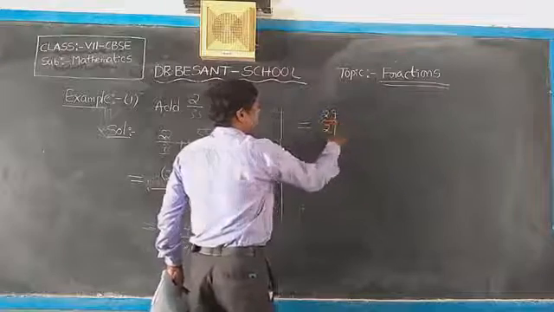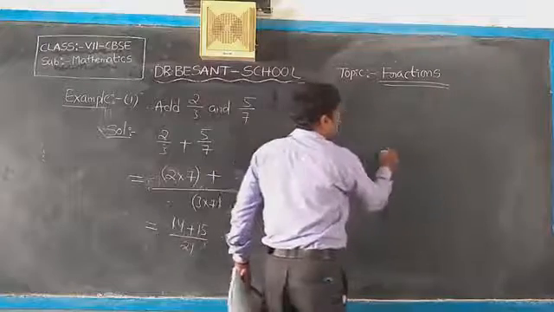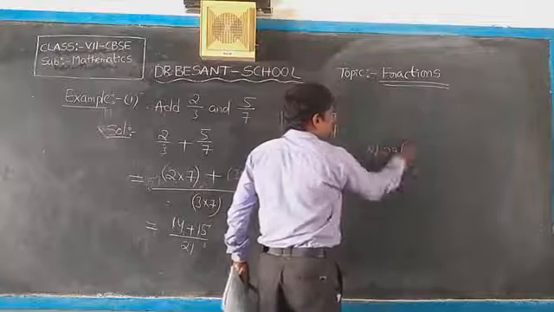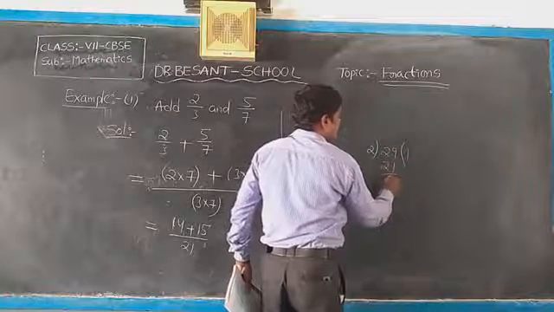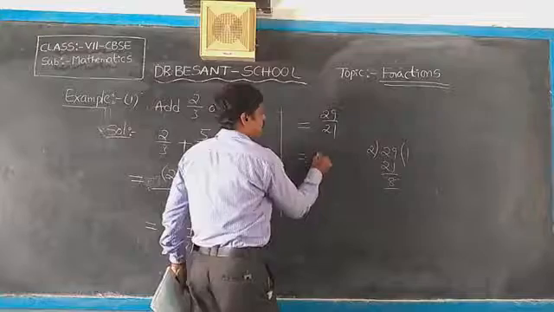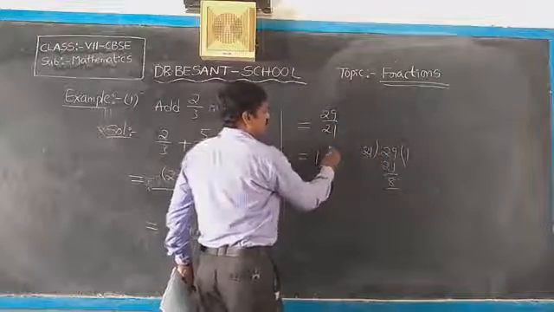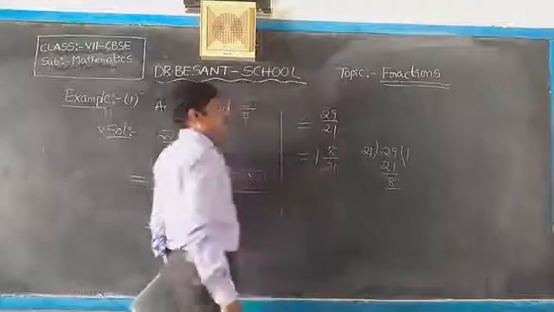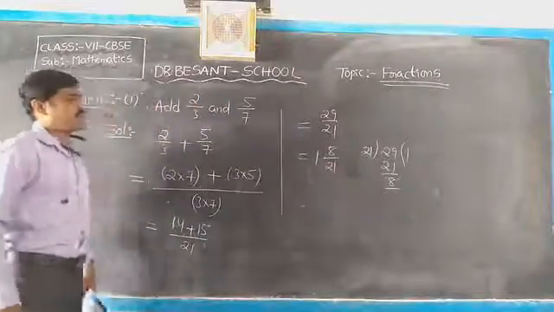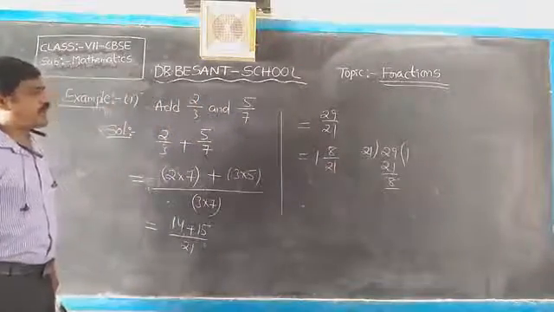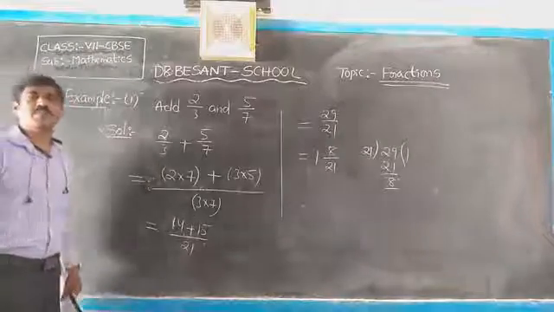So that is equal to 29 by 21. Now the same 29 by 21: 21 ones are 21, remainder 8. So 1 and 8 by 21. This is the third process.